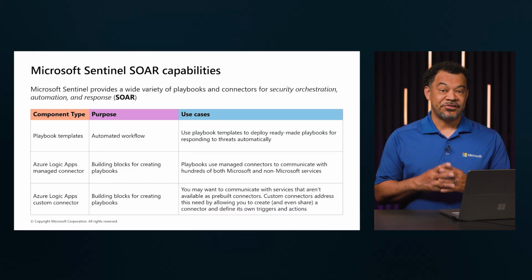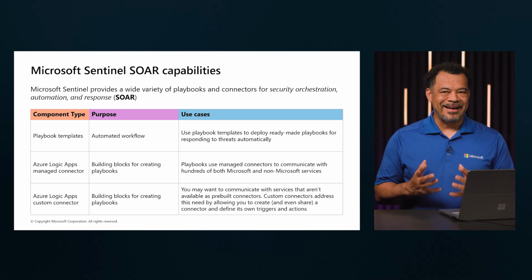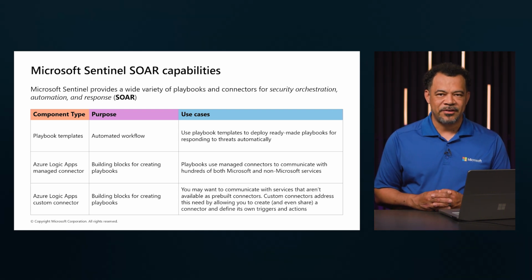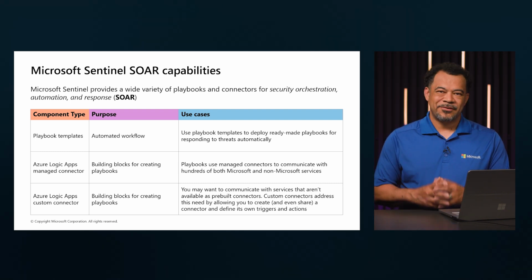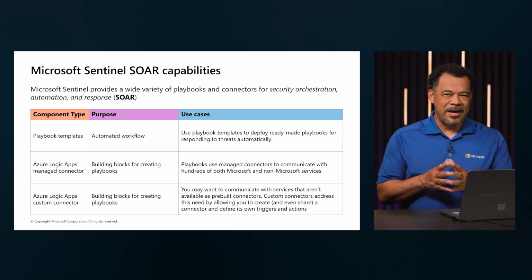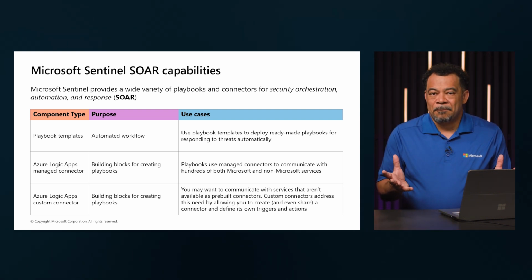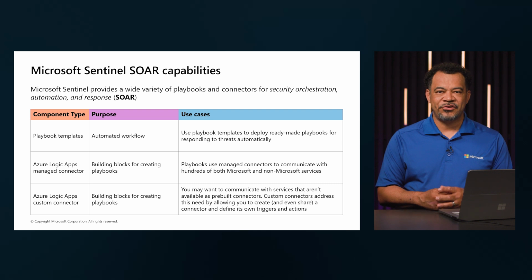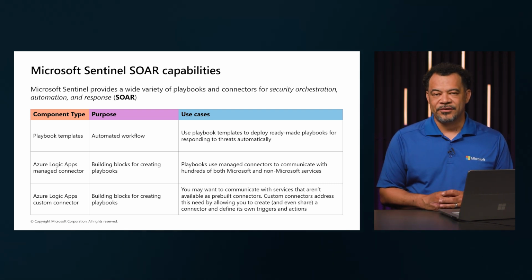Microsoft Sentinel supports scalable automation through a combination of playbook templates and Azure Logic App connectors. Playbook templates provide pre-built workflows that can be quickly deployed to automate threat response actions. Managed connectors serve as the foundational component, enabling playbooks to interact with a wide range of Microsoft as well as third-party services.